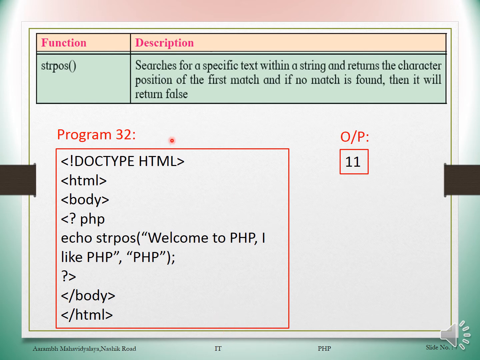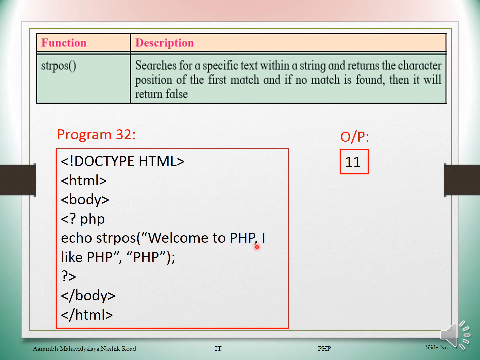Now here, after declaring PHP echo, our function is strpos, that means string position, and our string is "welcome to PHP, I like PHP", and we have to find the position of PHP in the provided string.